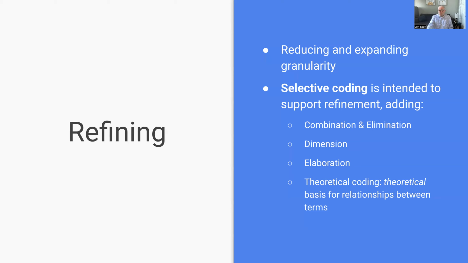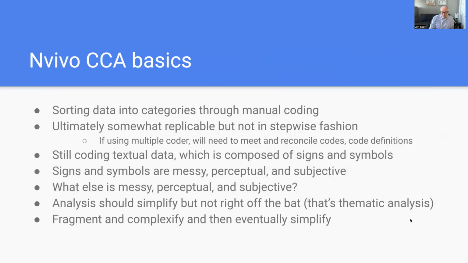And is that an existing framework that just happens to explain what's happening in my data? Or does it only partially explain it? And so therefore, my data have implications for expanding or revising an existing theoretical framework. Those are the kinds of things that are going on in the selective coding process.